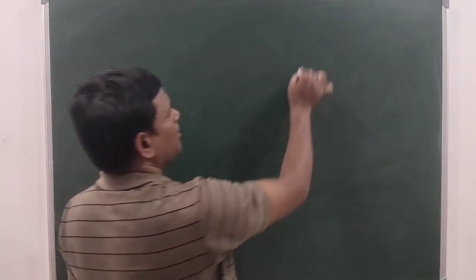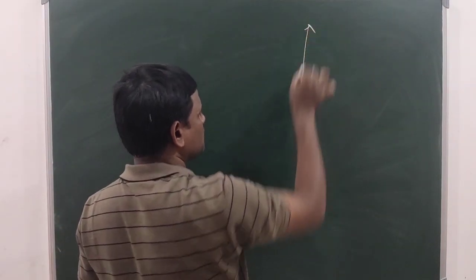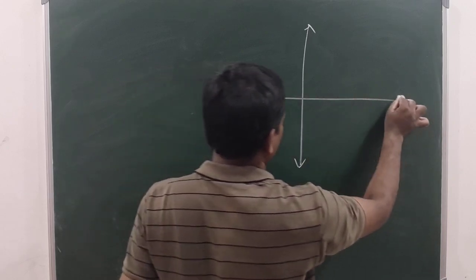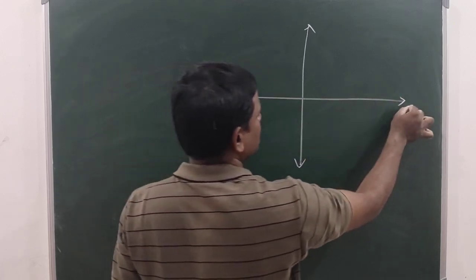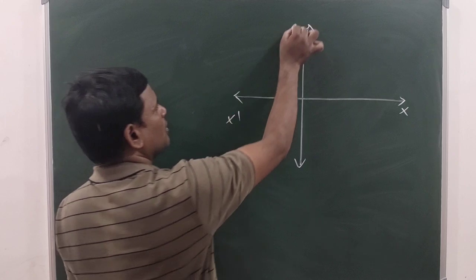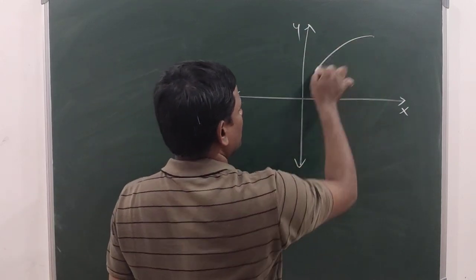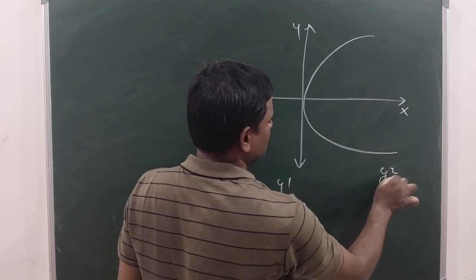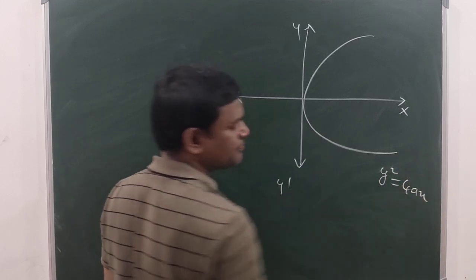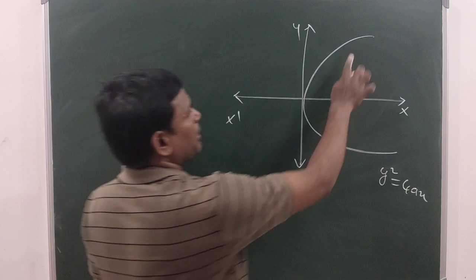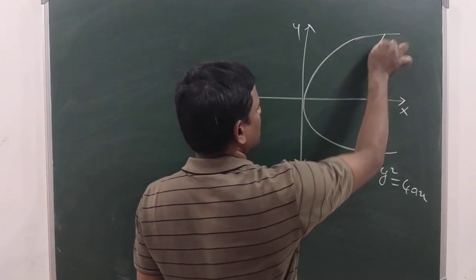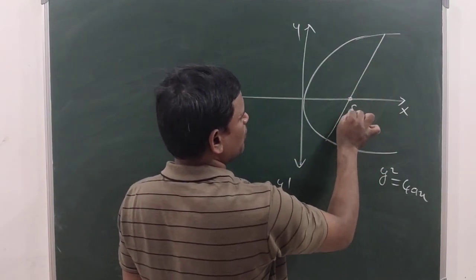Right. Next, here I am asking you one question. Please answer it. X dash, y dash. See, y square equal to 4ax. Now my question is, see here, this is a focal chord.